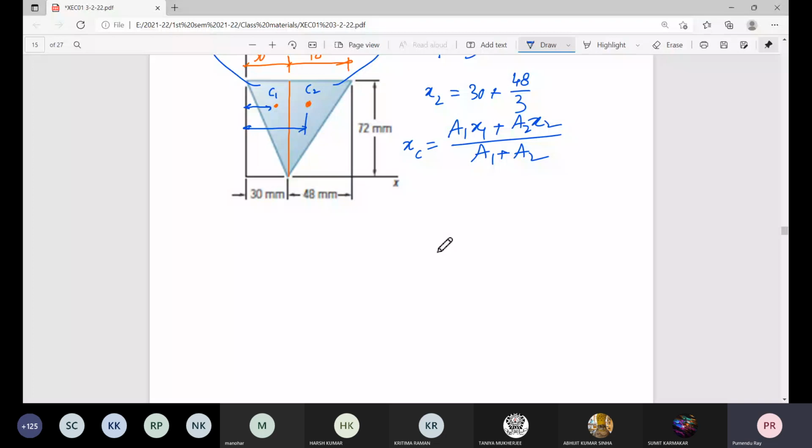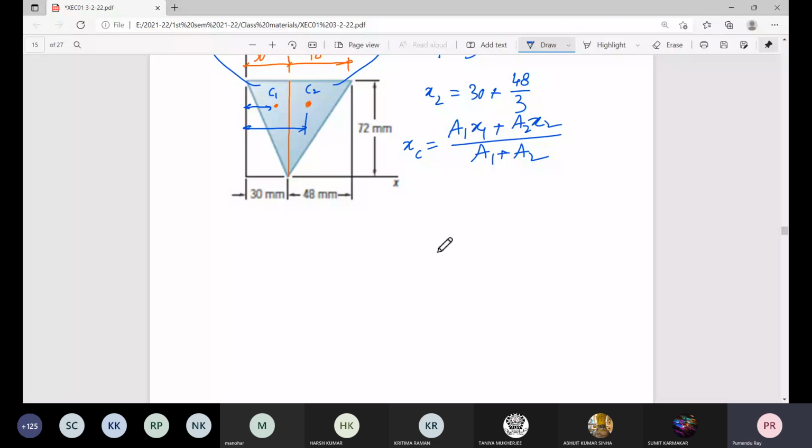The area of element 3 is half of 48 multiplied by 72, and ultimately you have to write this expression in this way. XC is A1 x1 minus A2 x2 minus A3 x3 divided by A1 minus A2 minus A3. If you don't make any mistake, you are supposed to get the same result as from your previous method.